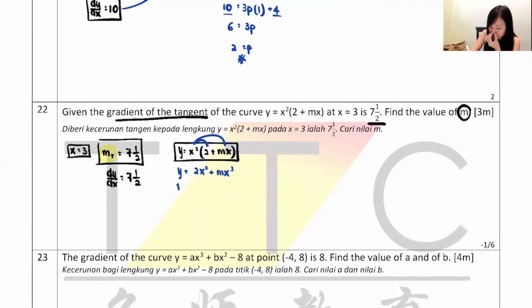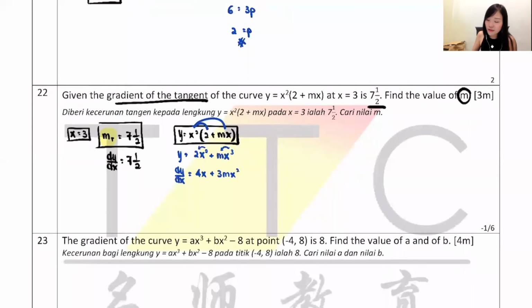When I differentiate it, we call it dy dx. Differentiate that: times and minus 1, so 2 times 2 is 4, power minus 1 is 1, and no need to write the 1. This one, 3 times m is 3m, power minus 1 is 2. So you realize I already have my dy dx.